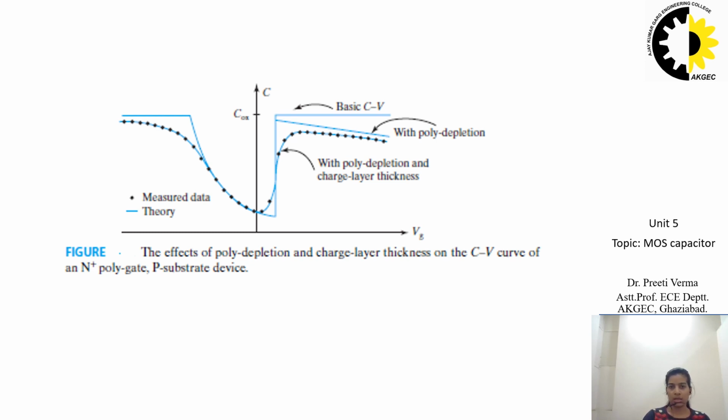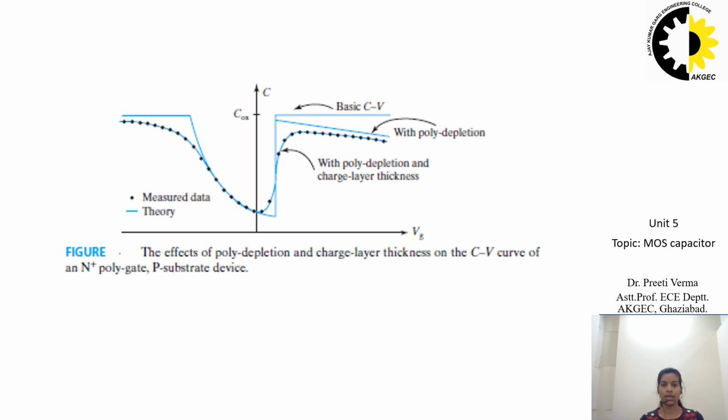T inversion and W D poly used to be negligible when oxide thickness T oxide was larger than 10 nanometers. For thinner oxide they are not, because it is difficult to separate T oxide, T inversion and W D poly by measurement, and electrical oxide thickness T oxide E is often used to characterize the total effective oxide thickness.